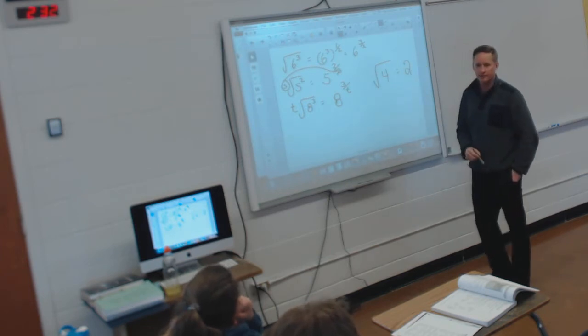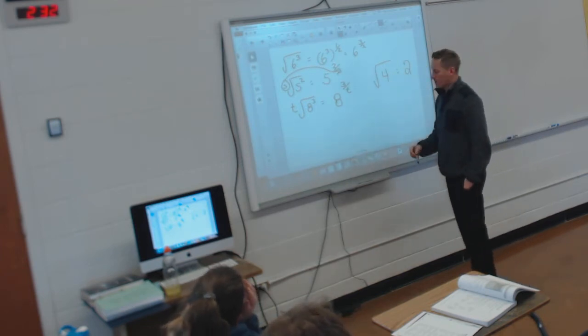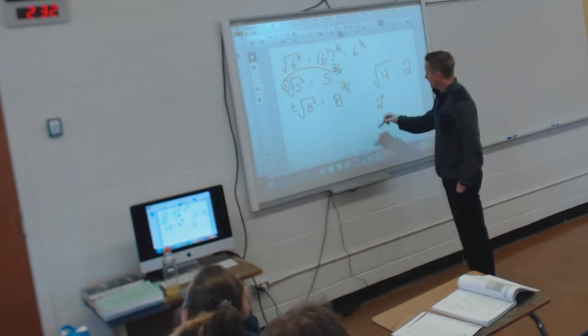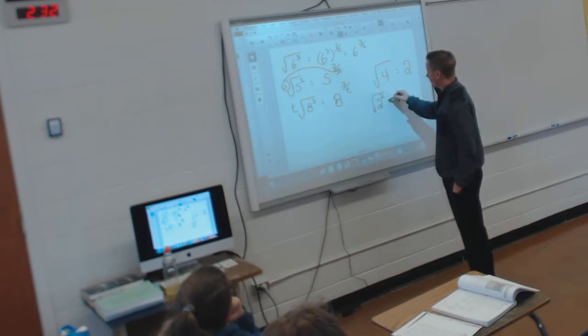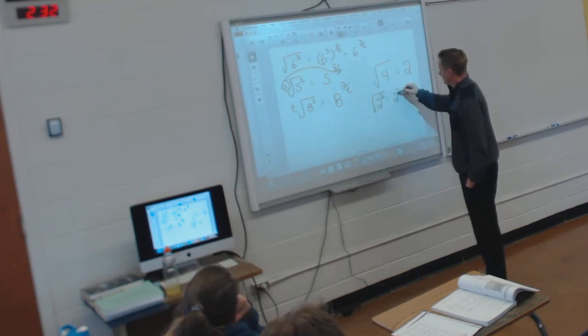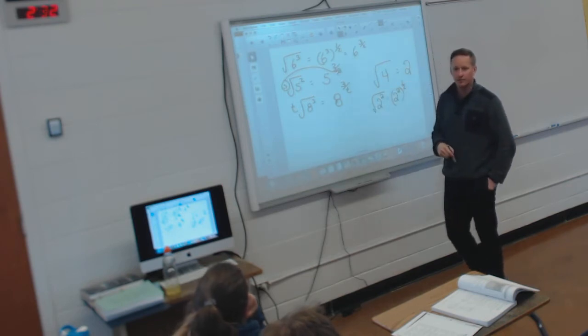You get 2, correct? Okay. 4, I could rewrite as 2 squared. Do you agree with me? So that's the square root of 2 squared, right? That's also 2 squared to the 1/2 because this root value means 1/2 as a fraction.